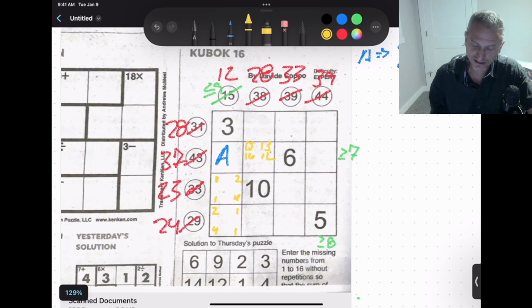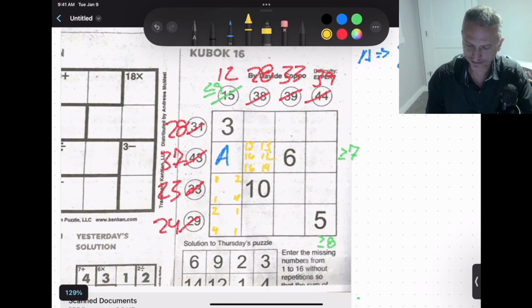So if it's 7, it's 30, and that's only 16, 14. So those are the only ones that I can have. Do you see how that works? Those are the only ones I can have. That's it. That's all I can have over there. So that is interesting.